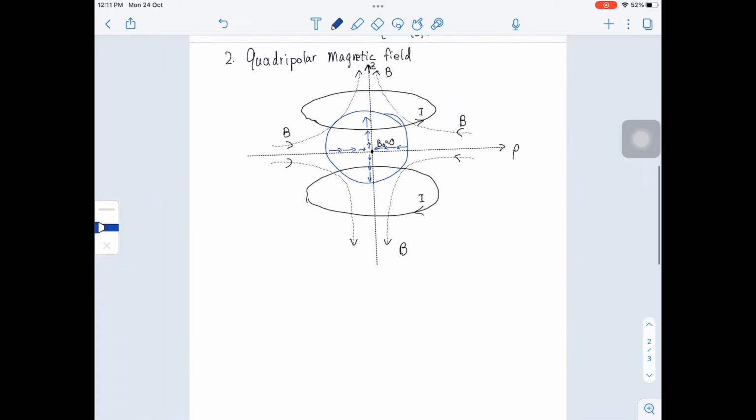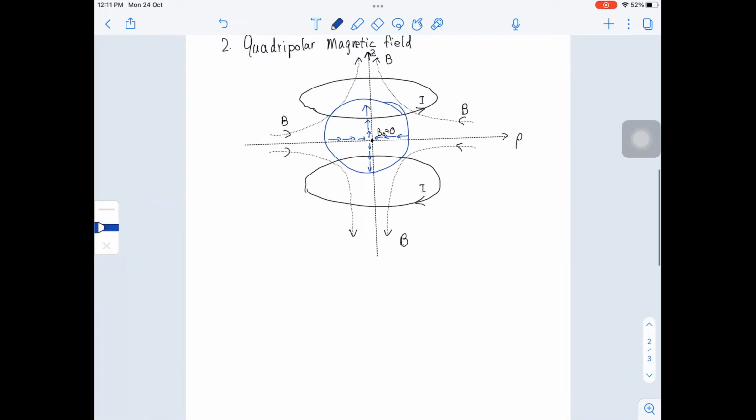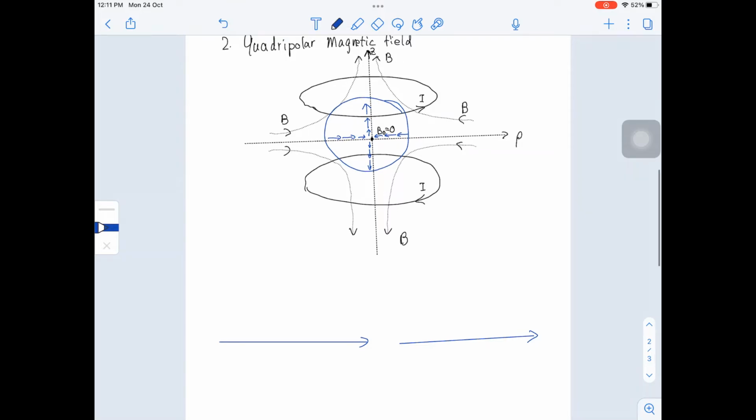Then I will make this clearer. I will draw the B field along the rho axis and the z axis separately now.